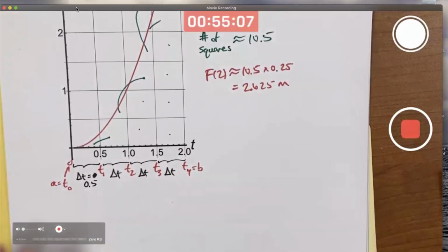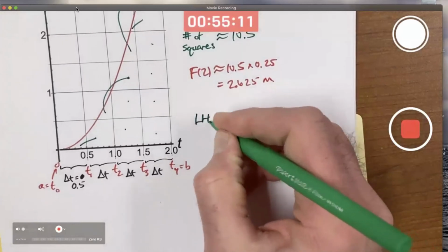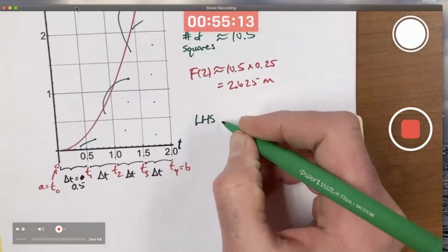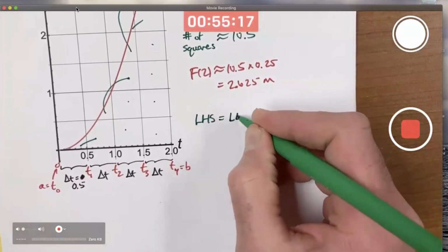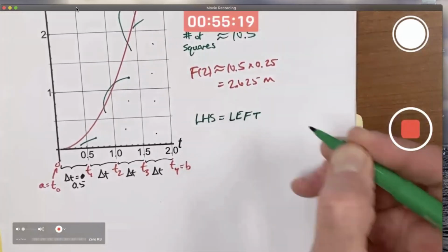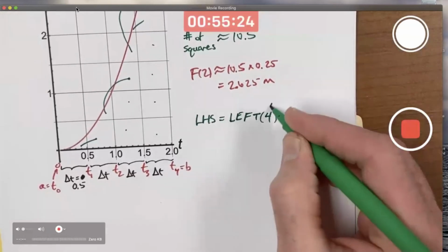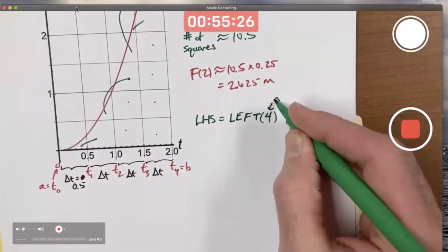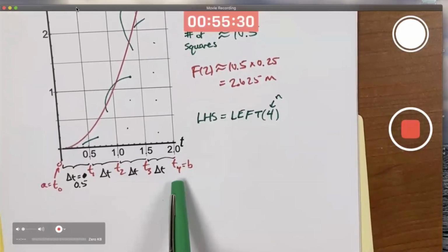If I do a left-hand sum, I could call it LHS for left-hand sum, or more typically in the book, maybe left for left-hand sum. And I also want to put in here maybe the number of rectangles, commonly called n. The number of rectangles matches the last subscript.